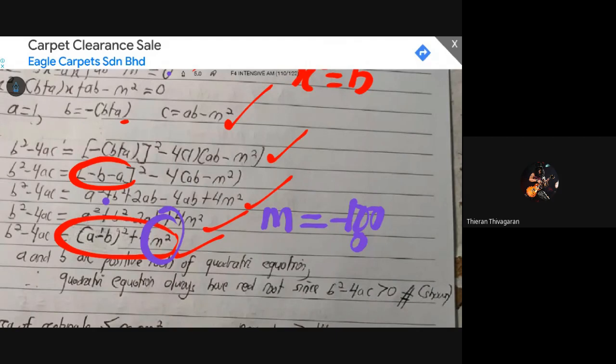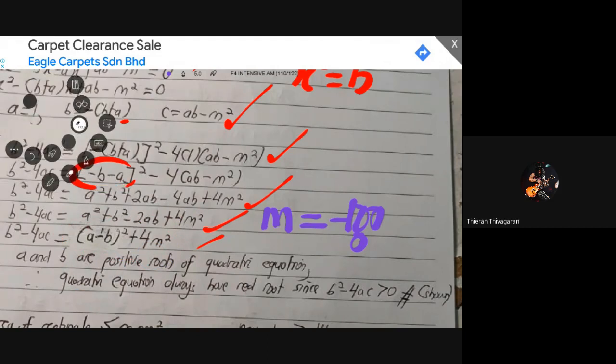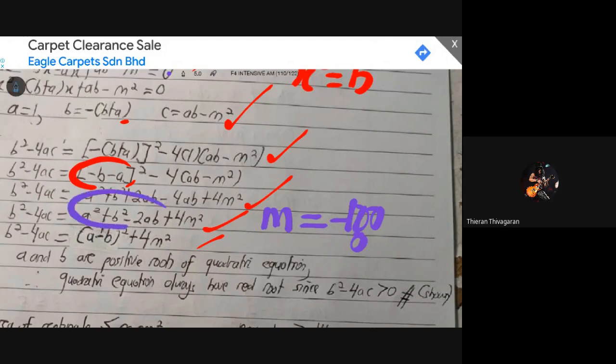Macam mana boleh dapat A tolak B? Oh, okay, good question. Soalan bagus. Wait, Dennis, cuba nampak kat sini. Yang ni. Saya tukarkan yang ni ke yang ni. Macam mana kamu faktorkan A kuasa 2 tambah B kuasa 2 tolak 2AB tu? Saya faktorkan dia. Jadi A tolak B kuasa 2.